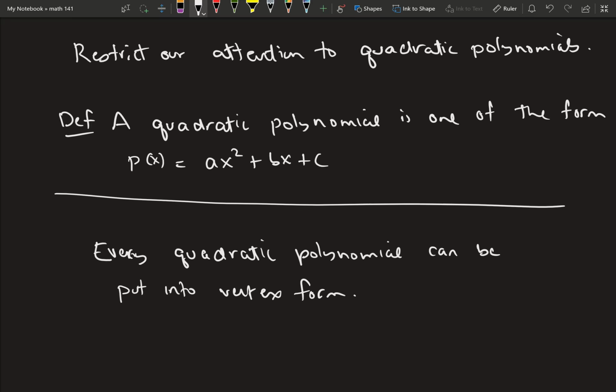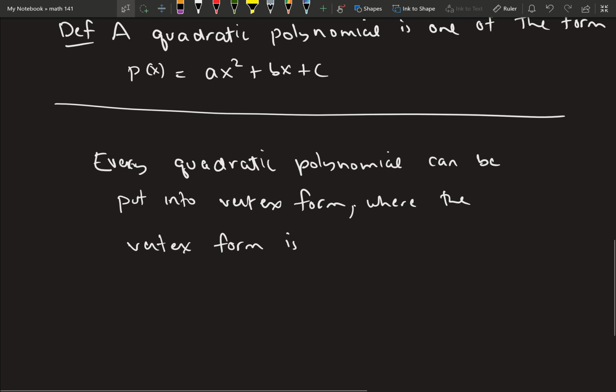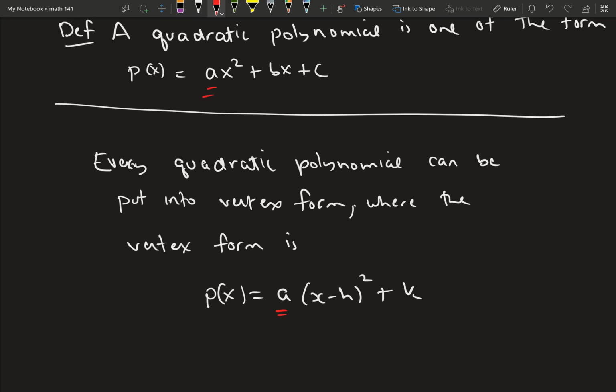So what is the vertex form? Well, the vertex form is p of x is equal to a times x minus h squared plus some number k. And this a right here is the same as this a right here.